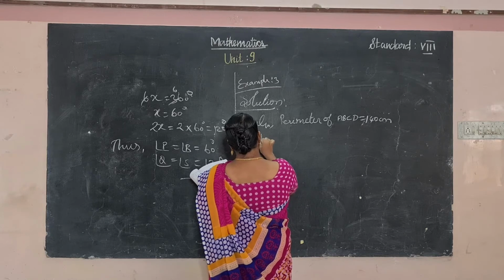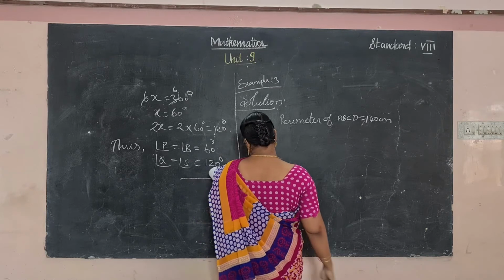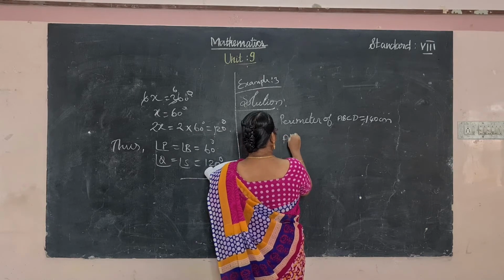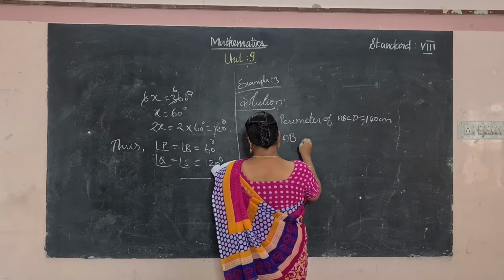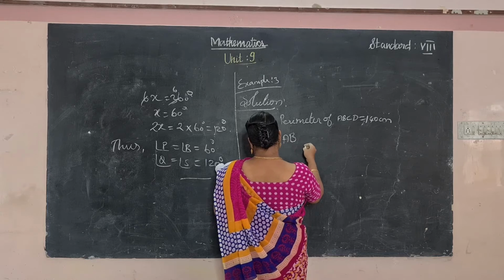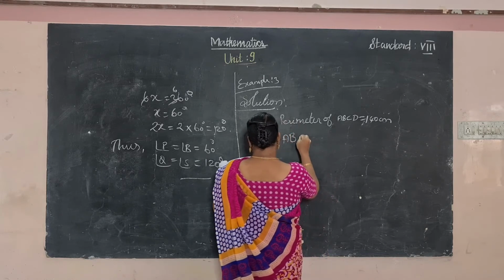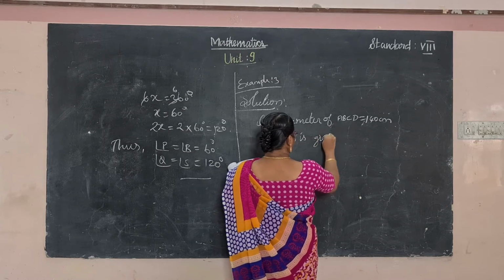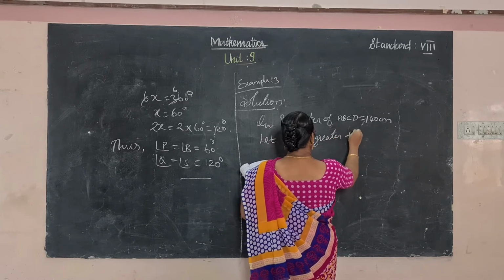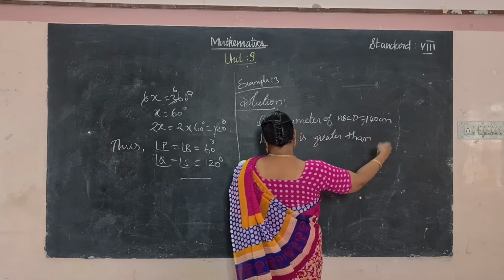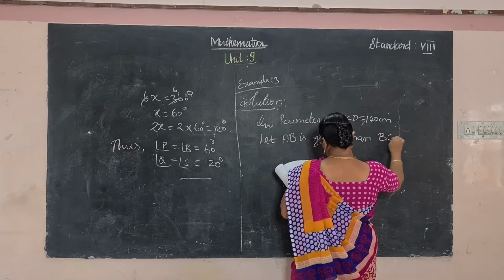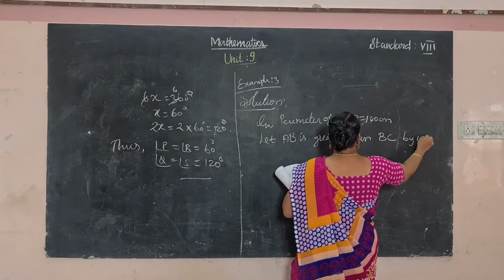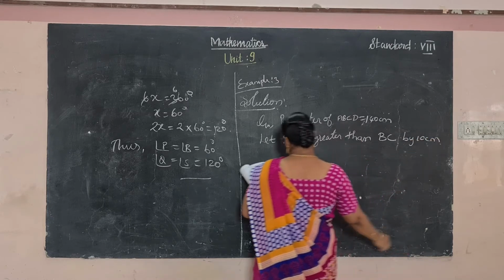Okay, so let side AB be greater than the other side BC by 10 centimeters.